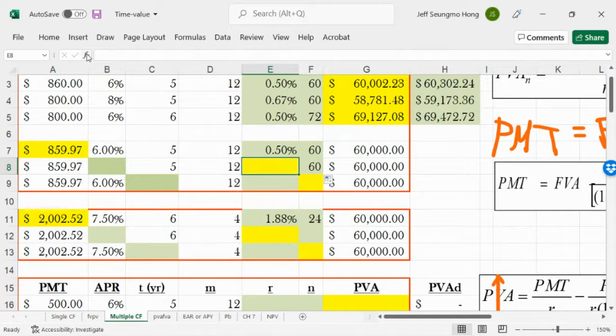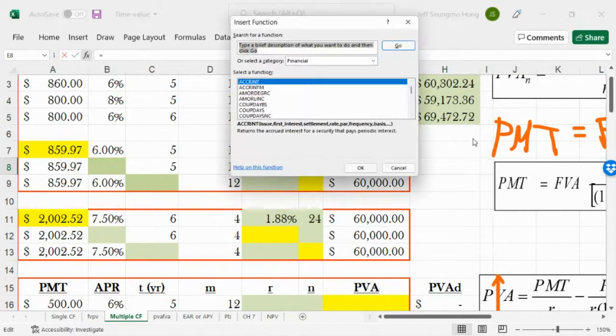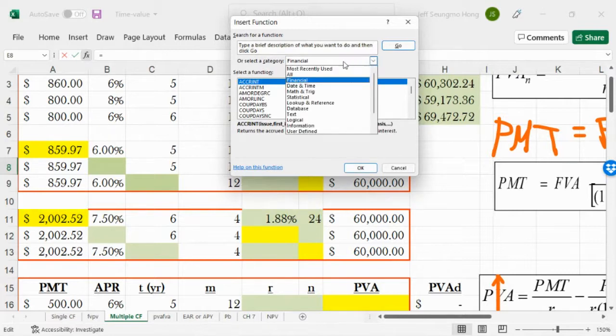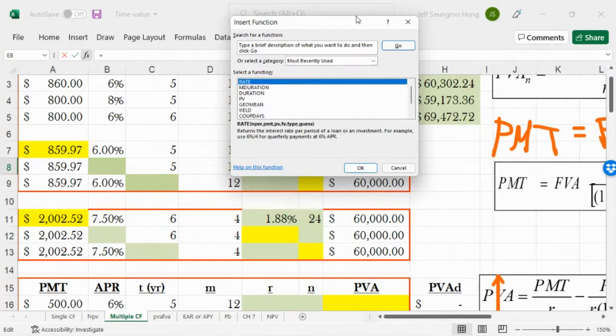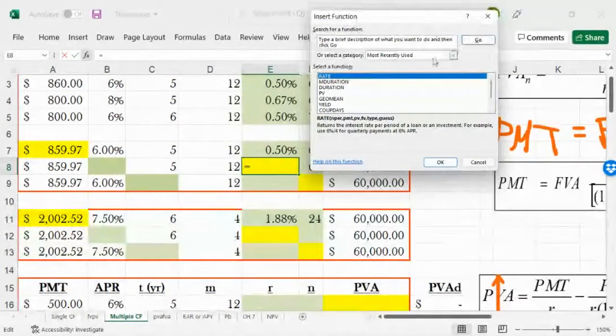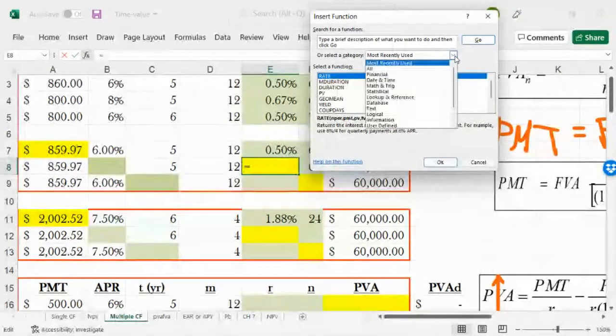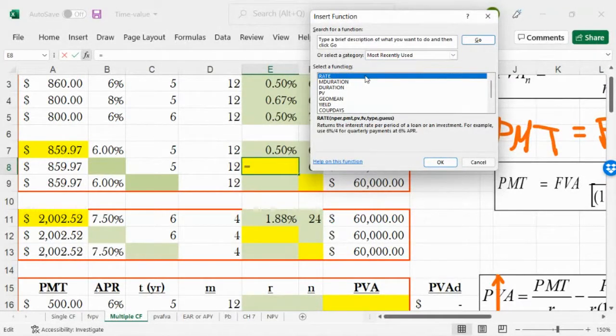So we use Excel's function. This is the function icon, f of x, which means function of x. Normally you will have the most recently used menu as the default, and if you have ever used the RATE function, it will show there.